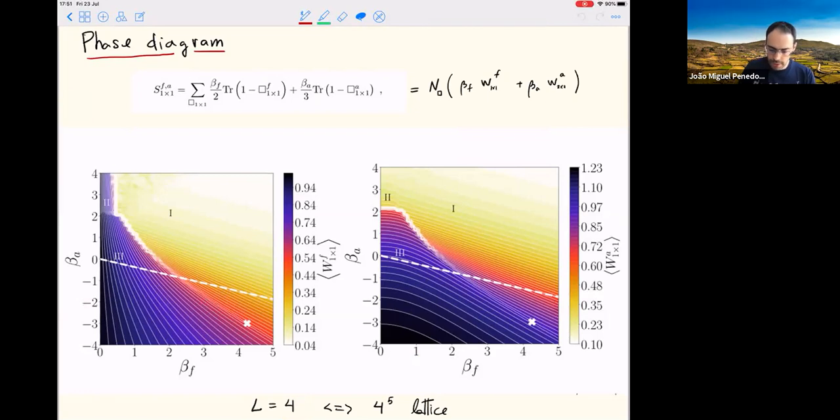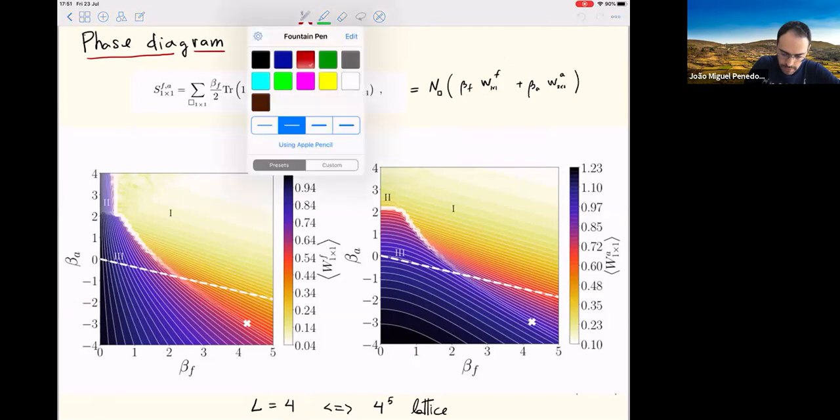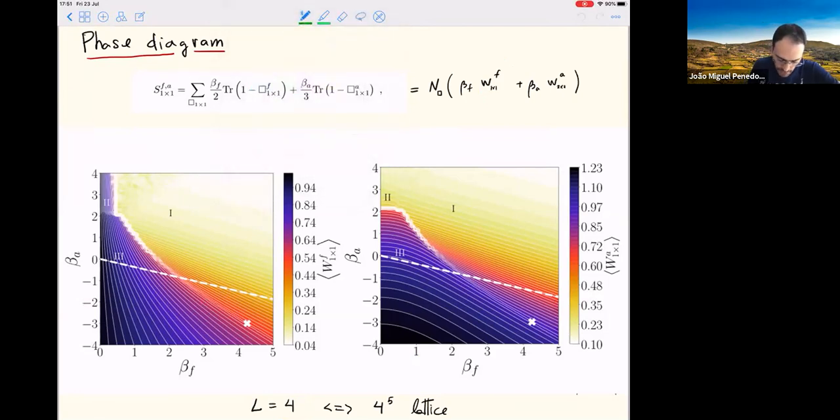This is W fundamental and W adjoint, the expectation values of the plaquette in the fundamental and the adjoint. To have some reference points, beta A equals 0 is this line here. This was the standard pure Wilson action, and this was the first order phase transition we saw.